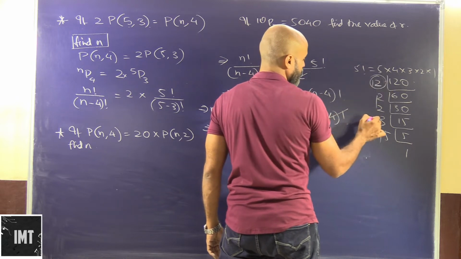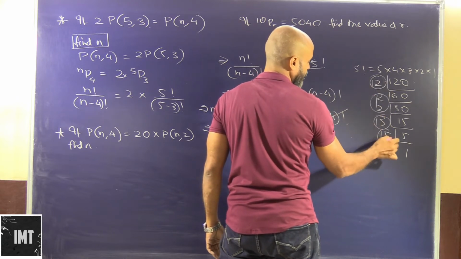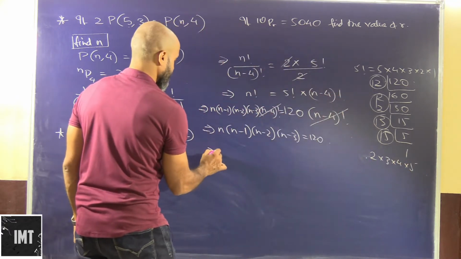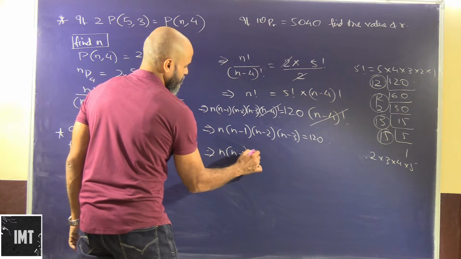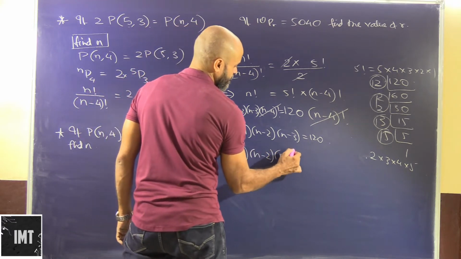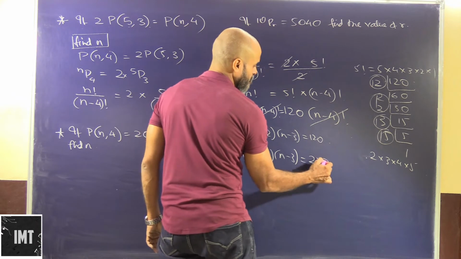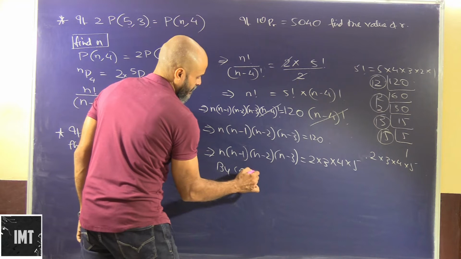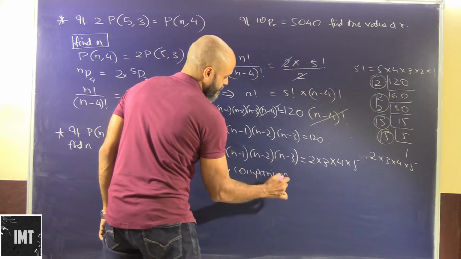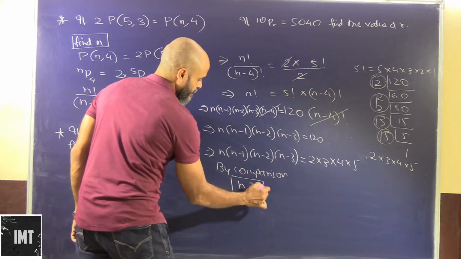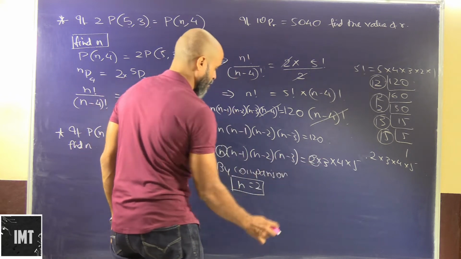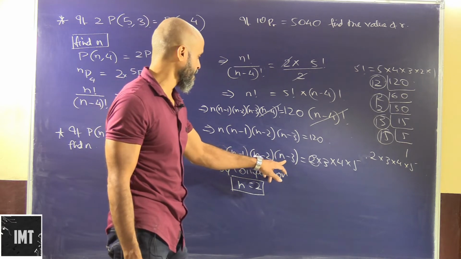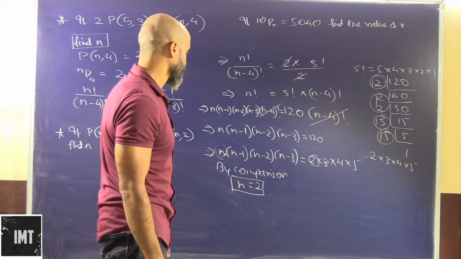Yes, 2, 3, 4 and 5. So 2 into 3 into 4 into 5. So we can write n into n minus 1, n minus 2, n minus 3 is equal to 2 into 3 into 4 into 5. So by comparison we can say the value of n minus 3 is equal to 5.